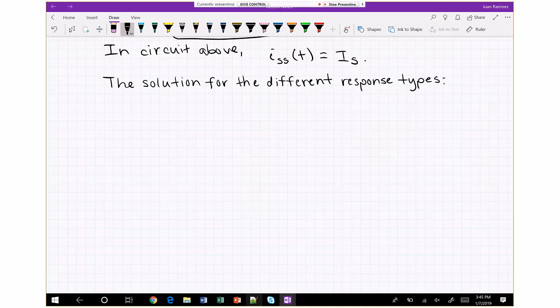Okay, now let's take a look at the solution for the different types of response. Again, we have the three different response types. One is overdamped, that's when your damping factor is greater than your natural frequency. This is the solution for this given circuit, the basic step response of a parallel RLC circuit. So instead of that capital IS, it would be the steady state value plus the transient value.